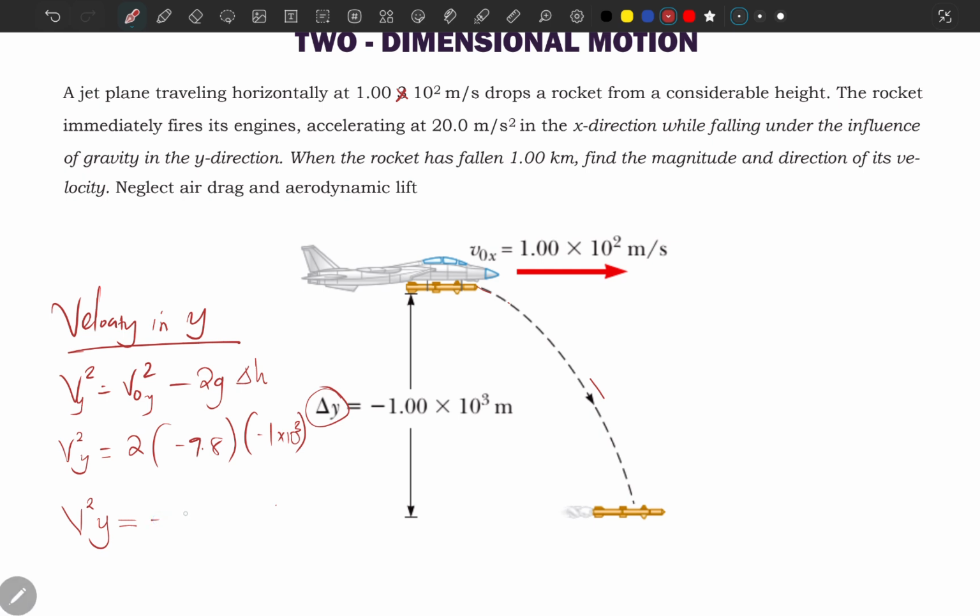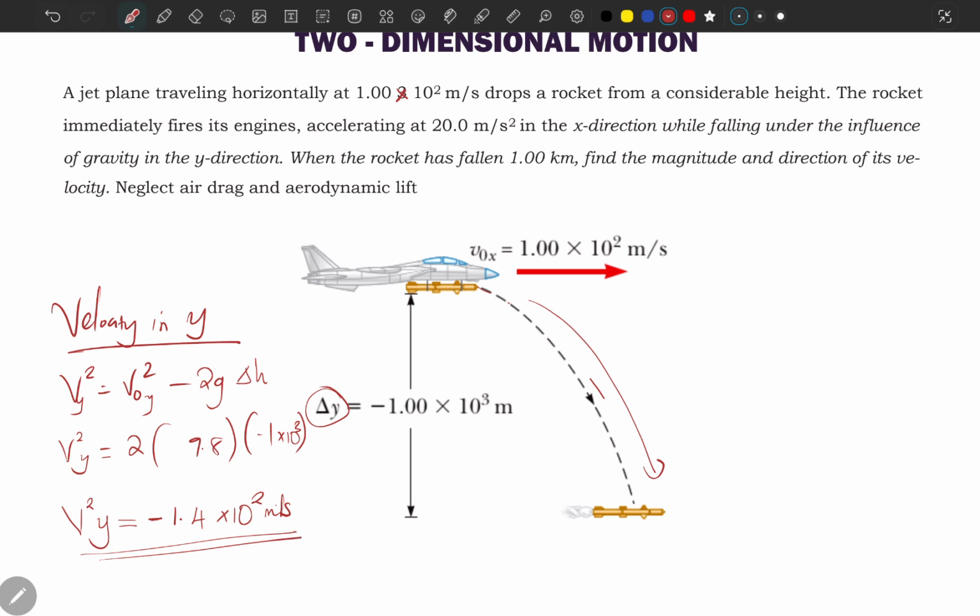Wait a minute, so here it will be positive because this is falling under the influence of gravity, so we keep it that way. So this acceleration will be positive, which now will give us 1.4 multiplied by 10 to the power 2 meters per second as our velocity.